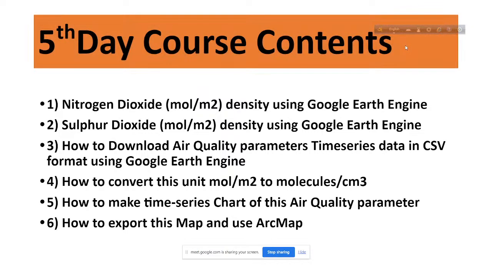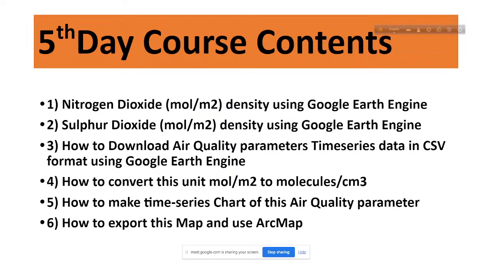Today is our fifth class, and mainly we'll discuss how we can easily perform air quality monitoring analysis using the Google Earth Engine platform, such as nitrogen dioxide, sulfur dioxide, carbon monoxide, methane, or other types of air quality parameters.